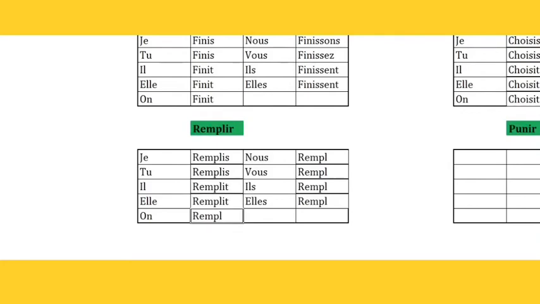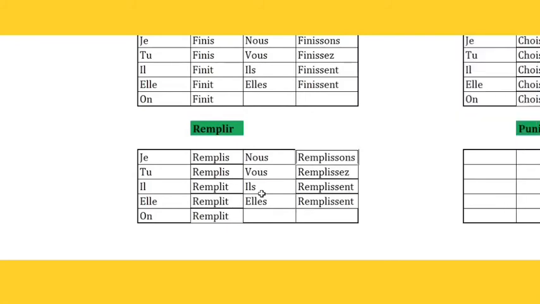Here also IS, IT, IT, and IT. For nous, we are adding ISSONS. For vous, we are adding ISSEZ. For ils and elles, in plural form, we are adding ISSENT. It's simple, isn't it?